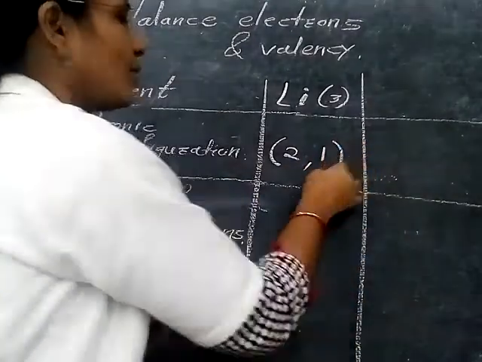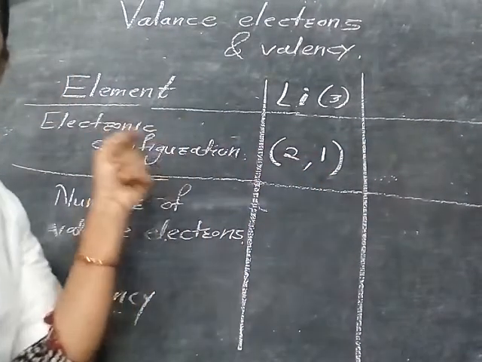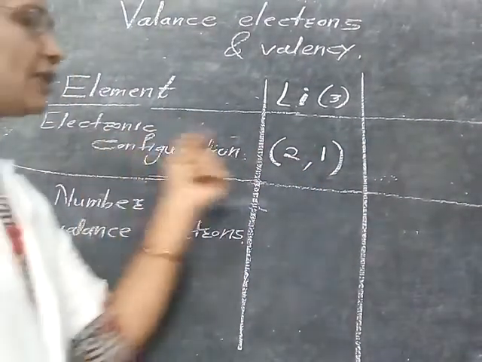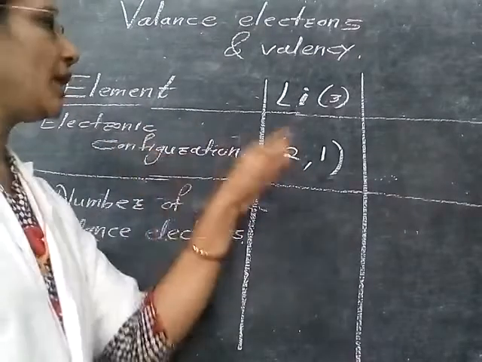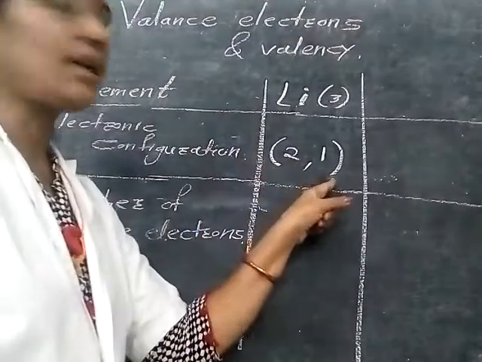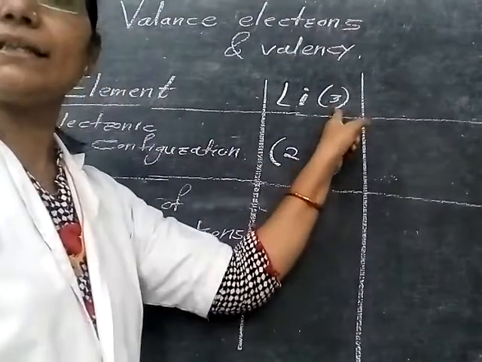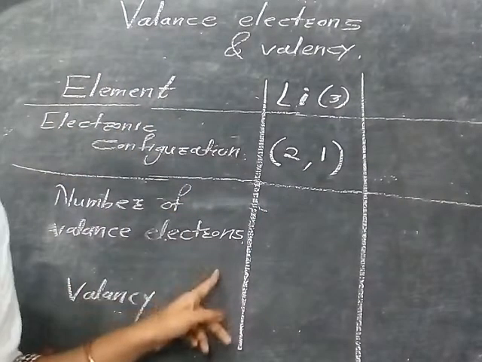This is the electronic configuration for lithium, and how we calculate it we already discussed. The total number of electrons is 2 plus 1, that is 3.